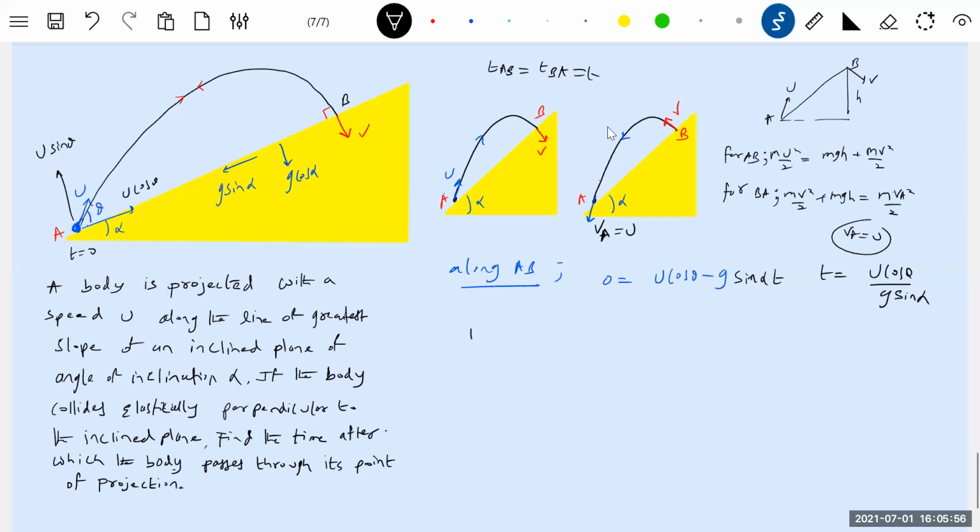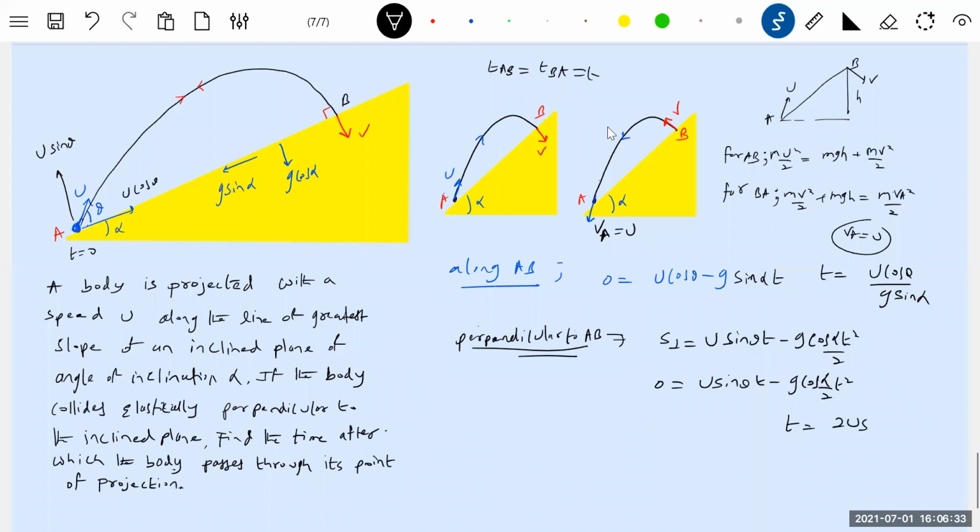So this will be U cos theta by g sin alpha. Then the same thing perpendicular to AB. Displacement perpendicular to AB should be 0. U sin theta T minus g cos alpha T square by 2. This should be 0. Solving this, we'll get the expression for T as 2U sin theta by g cos alpha.